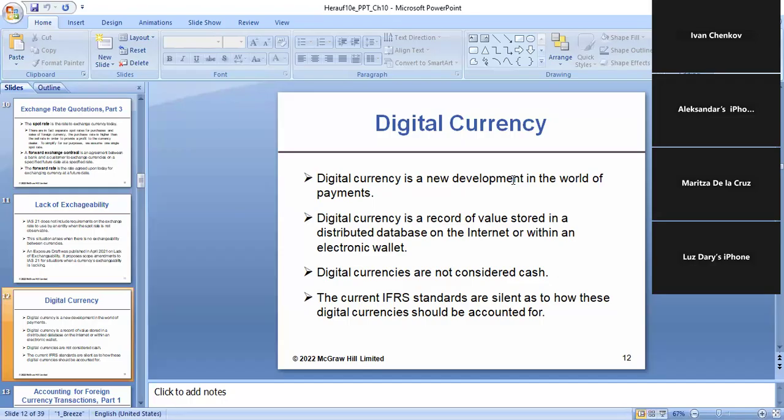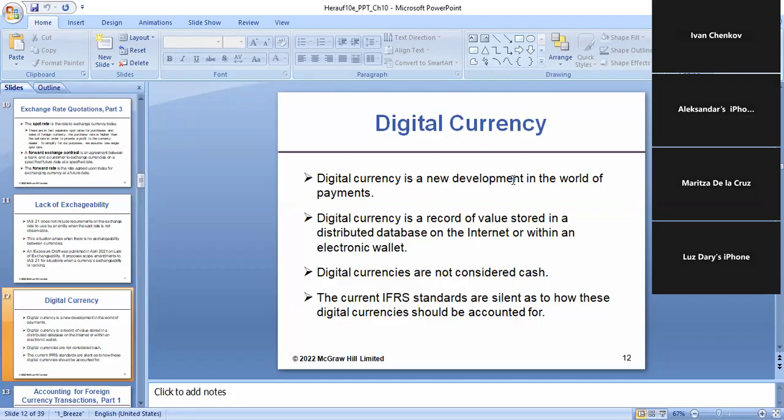Now, the digital currencies are not considered to be cash. So if they're not cash, that means we cannot identify them as an asset. Since we cannot identify it as an asset, we have to find out what exactly the digital currency is, since it's not cash.